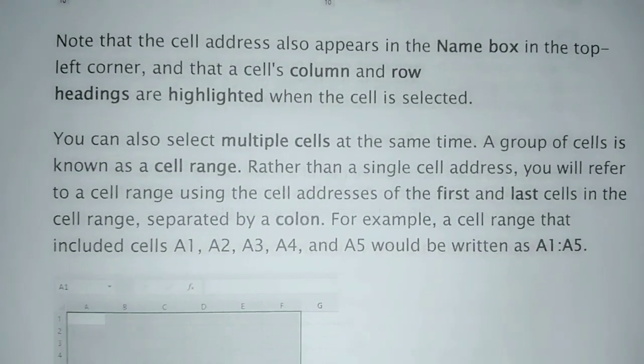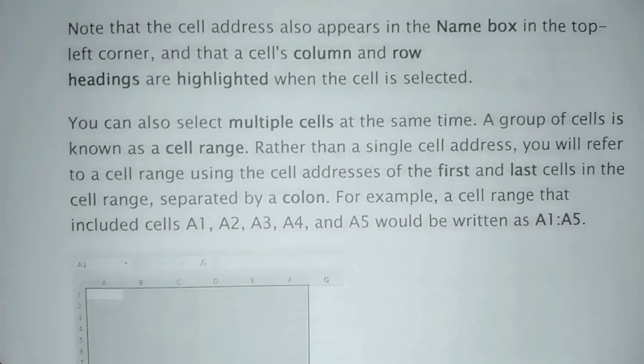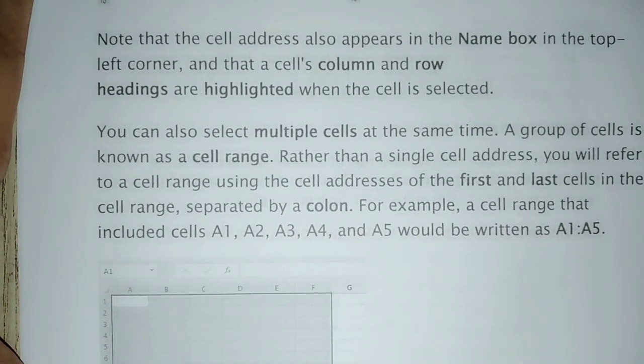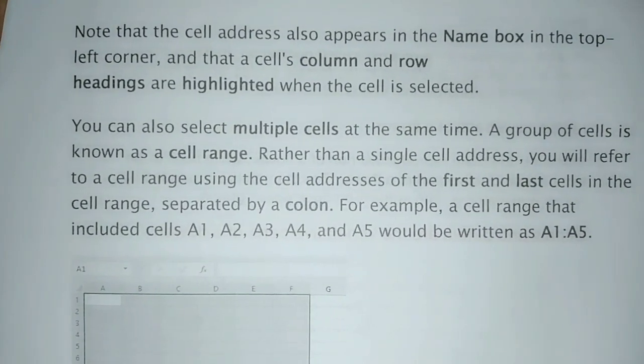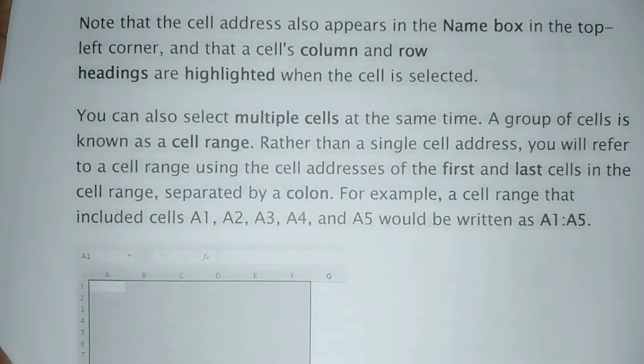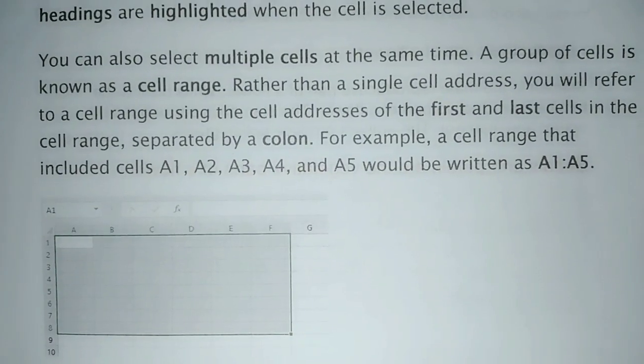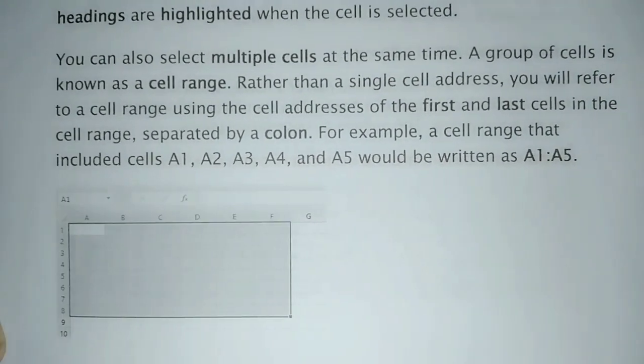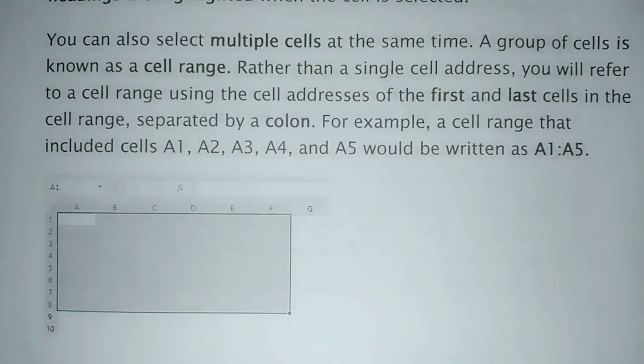Note that the cell address also appears in the name box in the top left corner, and the cell column and row headings are highlighted when the cell is selected. You can select multiple cells at the same time. A group of cells is known as a cell range.